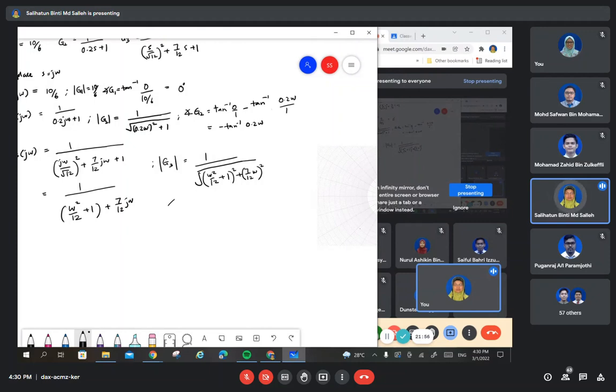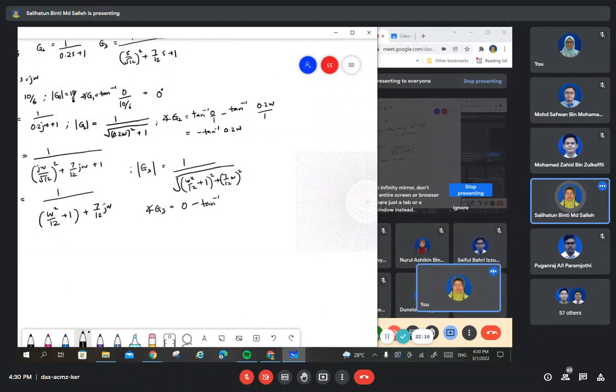Then we have the phase angle of function G3, equal to 0 minus arctangent of the imaginary part. We know this one becomes 0 like the previous function. When we find the G3 phase value, we refer to the original, replacing s with j omega.